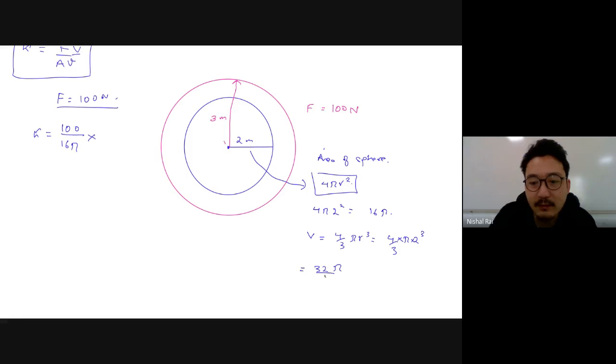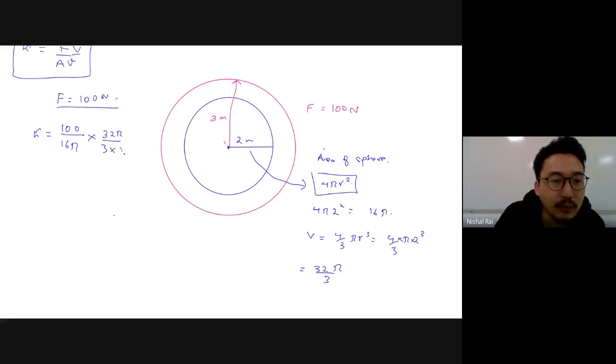So you again got the volume to be 32 pi by 3. But the only thing is what? Your small volume change is left out. This volume we have to evaluate.